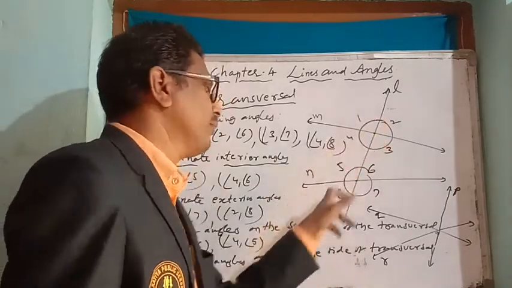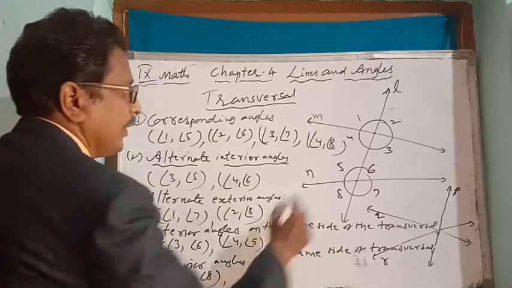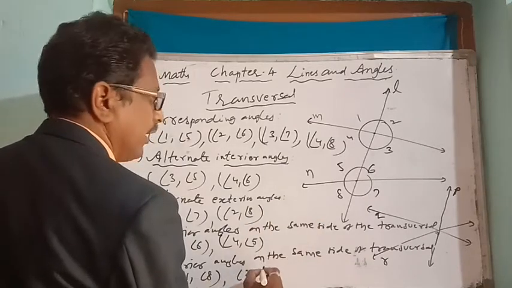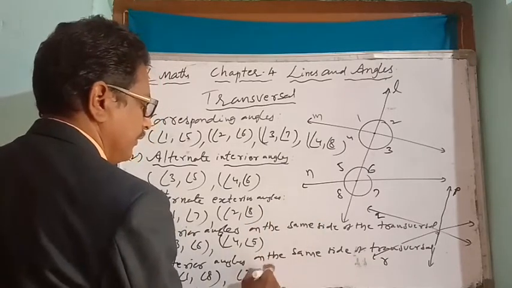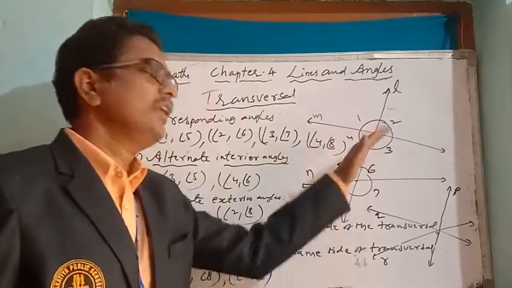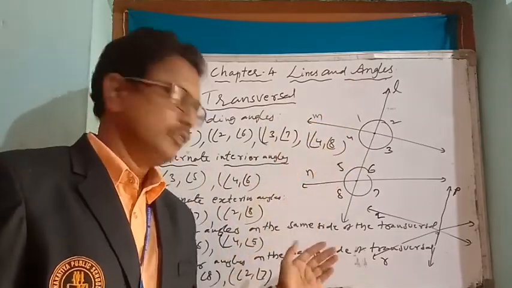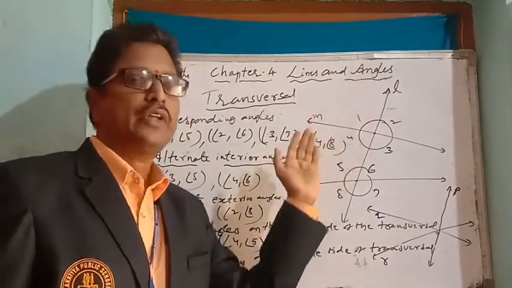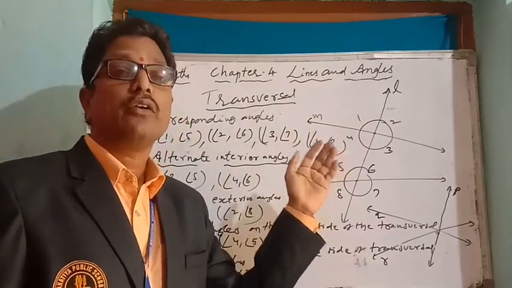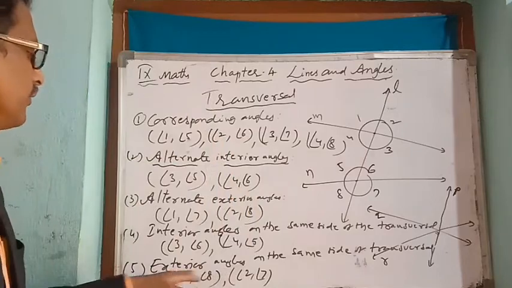Angle 1 and angle 8, angle 2 and angle 7. These angles are called exterior angles on the same side of the transversal. They are known as co-exterior angles or allied exterior angles.